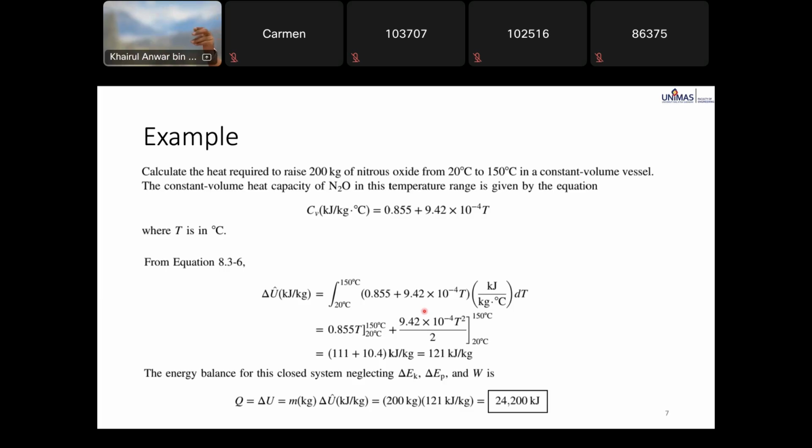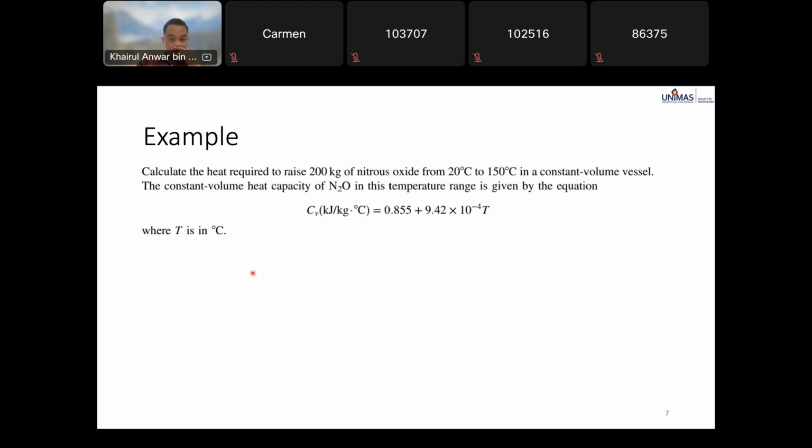The textbook referred to page 413. With T in degrees C. From equation 8.3-6, this equation, this is a case.